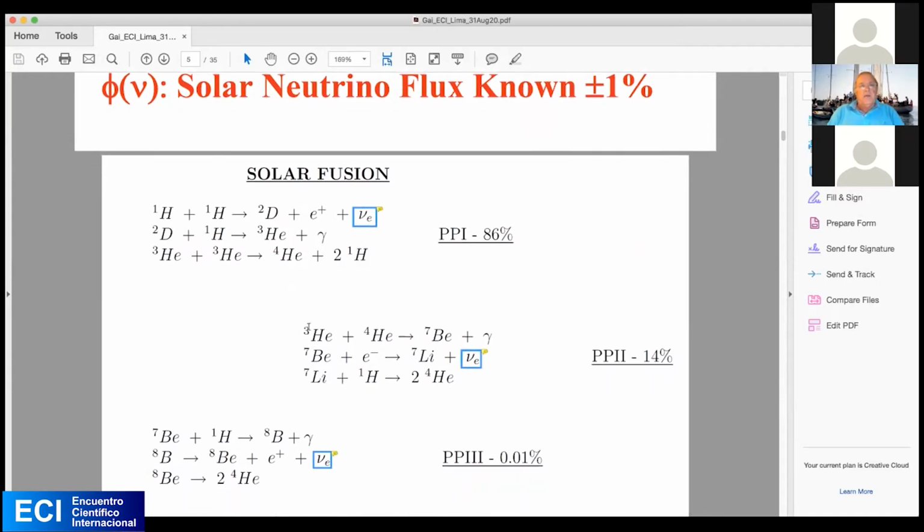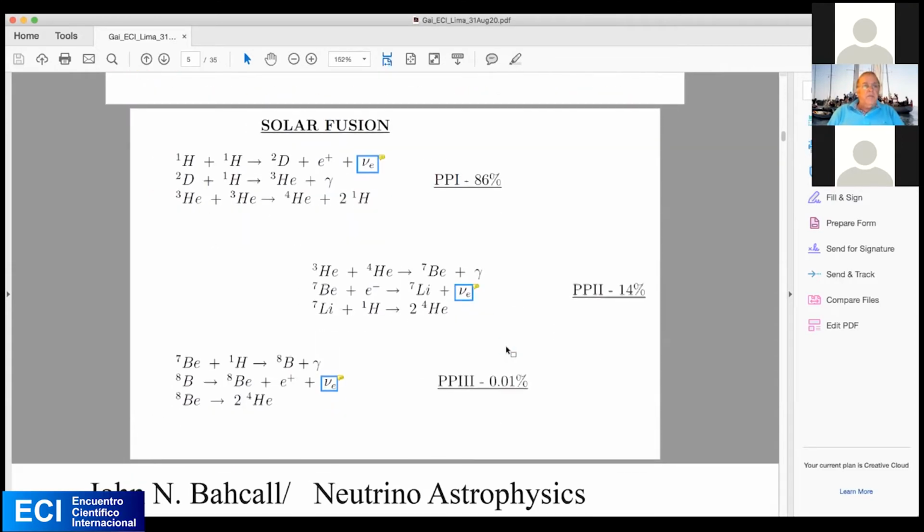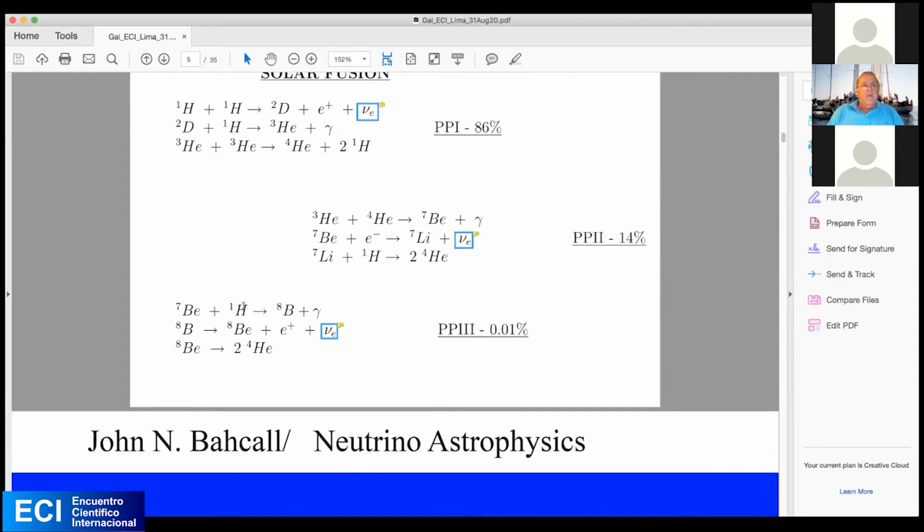The sun can also fuse helium-3 and helium-4 and make beryllium-7. That's from the beta decay of beryllium-7. Those are the PP2, proton-proton chain 2 neutrinos. And beryllium-7 can interact with hydrogen to make boron-8, and that creates, again, neutrinos.